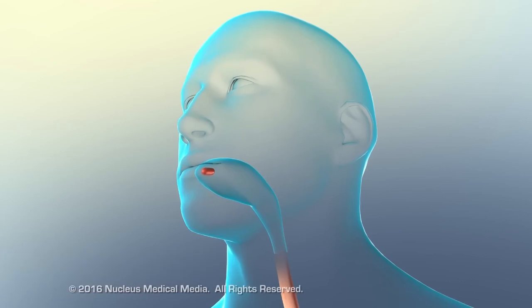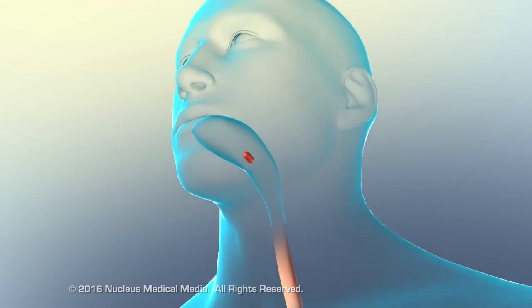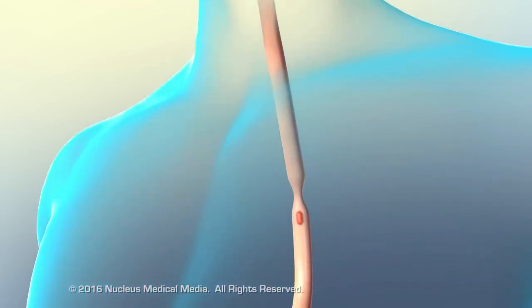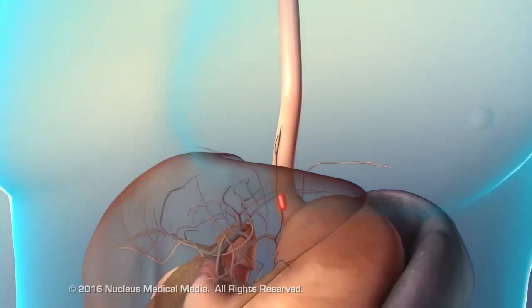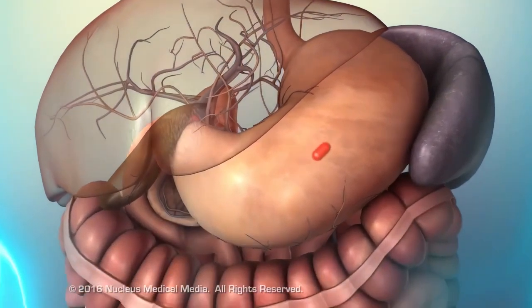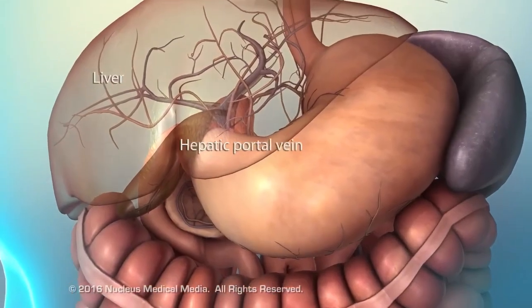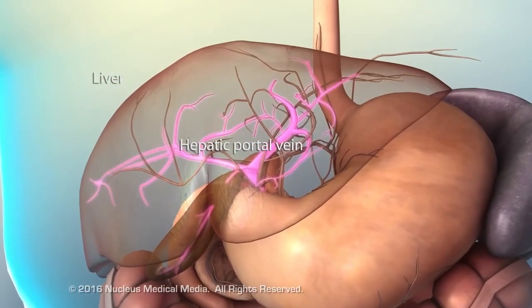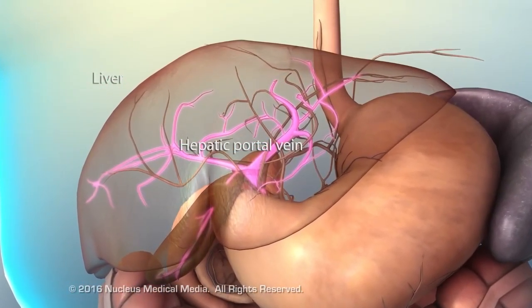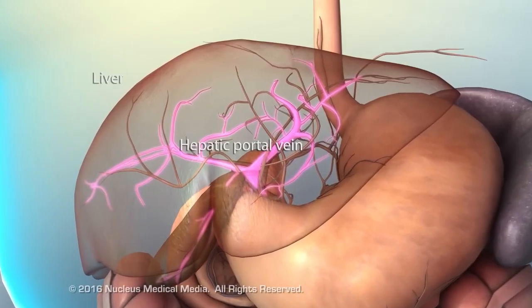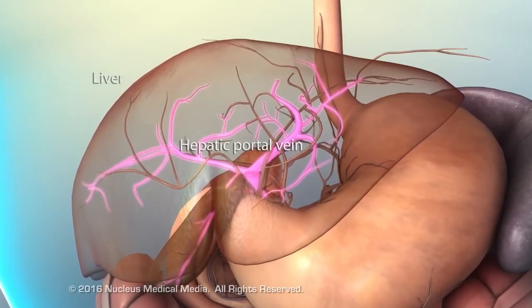If taken orally, drugs must pass through the cells of the gastrointestinal tract. Drugs cross through cells of the GI tract and travel to the liver via the hepatic portal vein. The liver has a chance to metabolize some of the drug before it goes into general circulation. This is called the first pass effect.